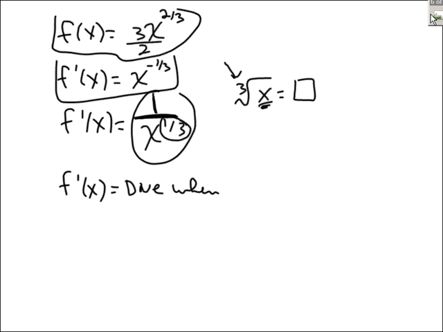If I want this to be 0, then x must be 0. Because what times itself 3 times gives you 0? 0. Only the cube root of 0 is 0. That x should be 0. Not clear why that troubled me so much.